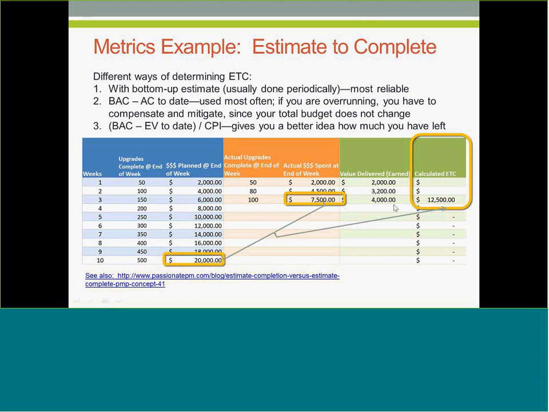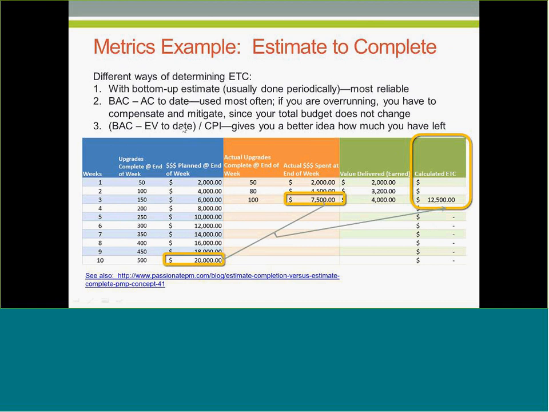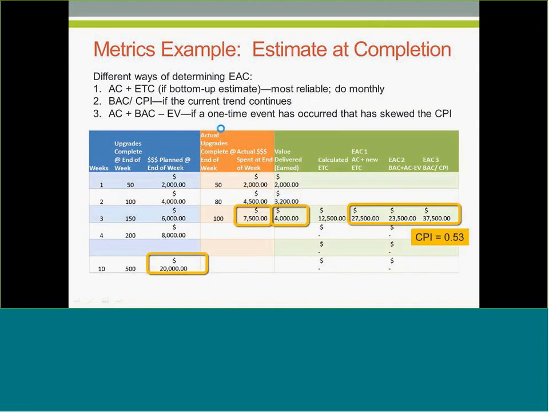And here are different ways of calculating our estimate at completion. Put the CPI in the calculation, then you'll have a better idea of how much you have left, because that way your CPI will of course adjust the budget.